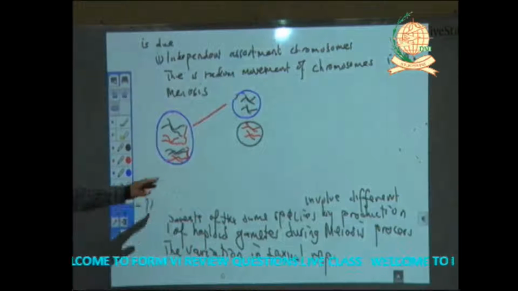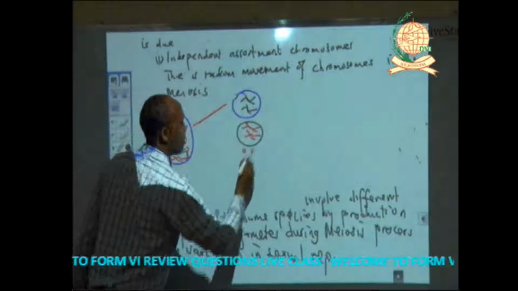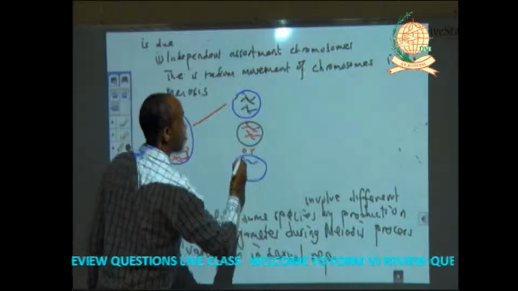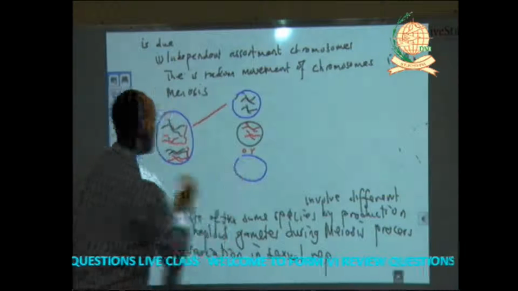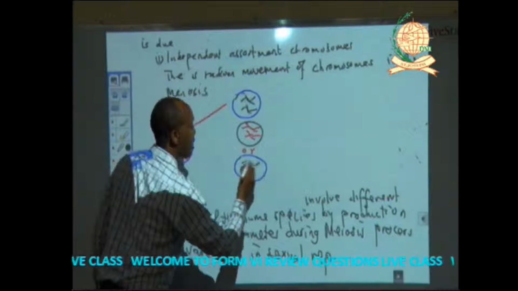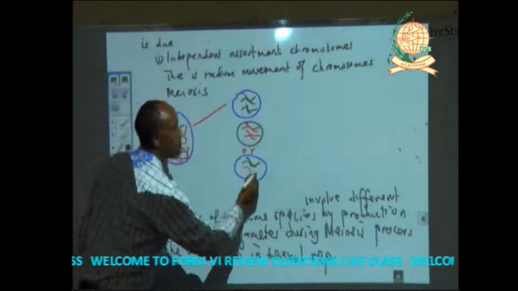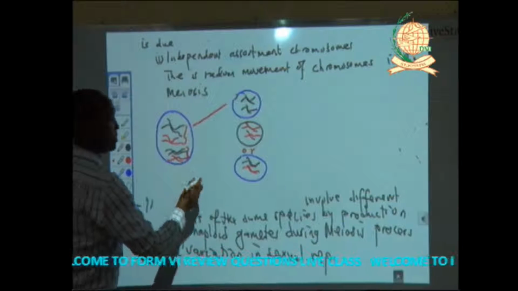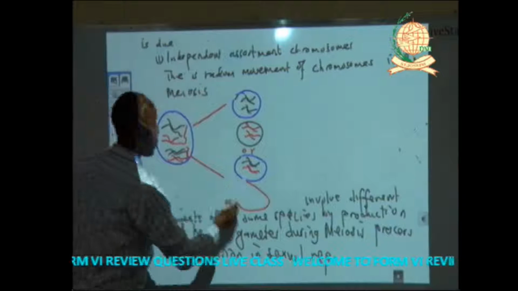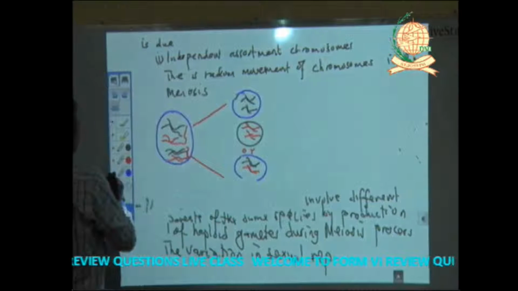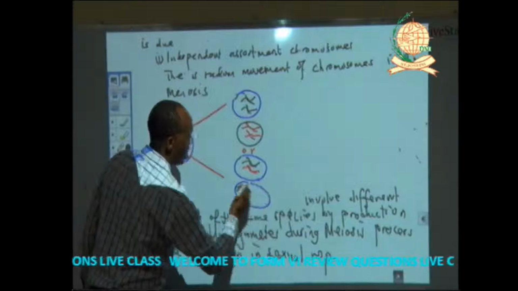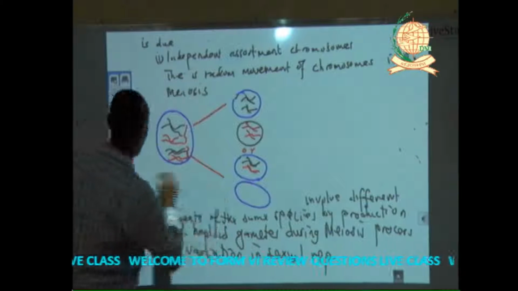Or maybe like this one, with this homologous chromosome, the black one, and this one.